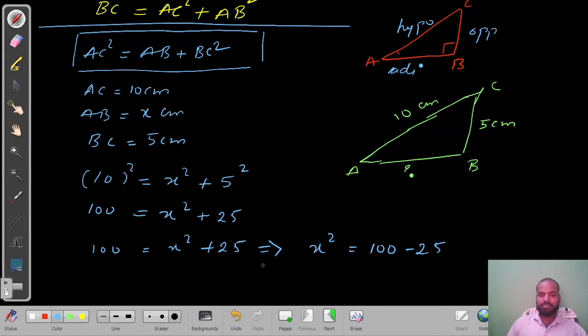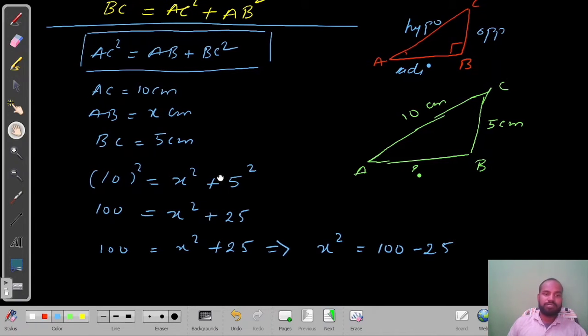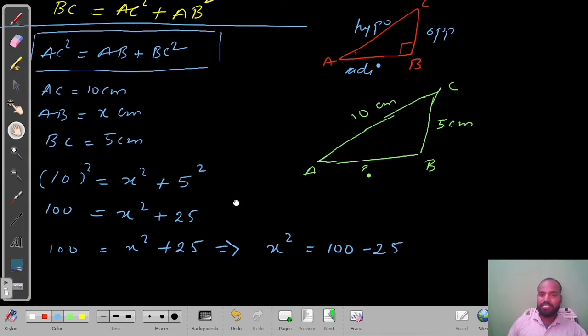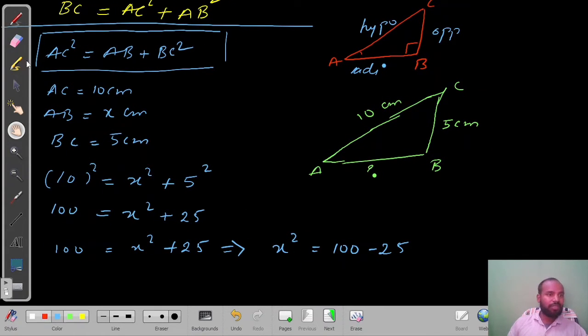Yes, it is right. Now x square equals 100 minus 25, which is 75. Yes, it is right.